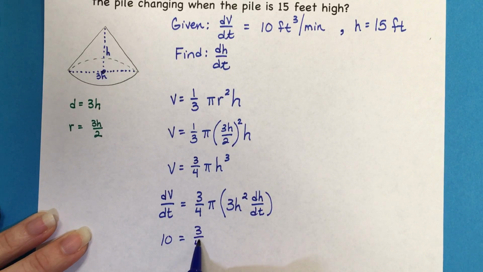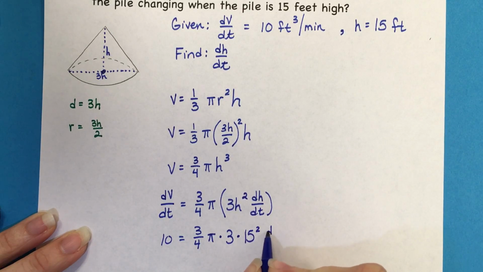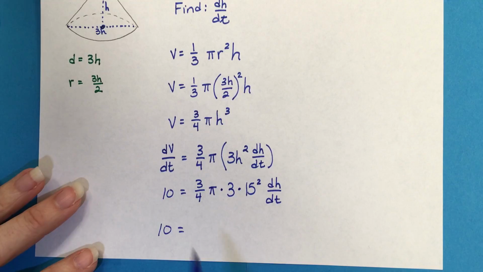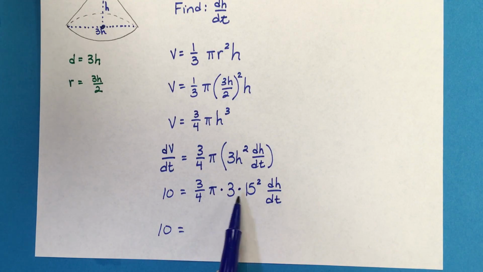We have 3/4 pi times 3 times 15, squared, and then dh/dt. Let's do the 3/4 times the 3 times the 15 squared.